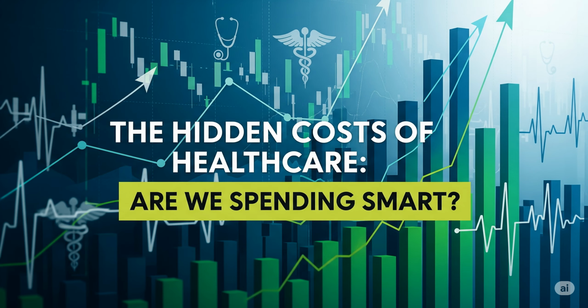Exactly. That would make these analyses much more comparable, more credible. So for you listening, understanding these hidden layers is really key to seeing the full picture behind health policy decisions. It really does affect everyone. Definitely makes you think about what cost and value truly mean in healthcare, doesn't it?